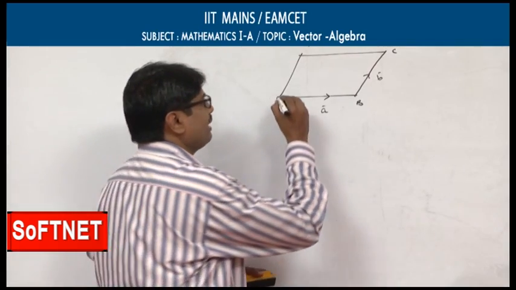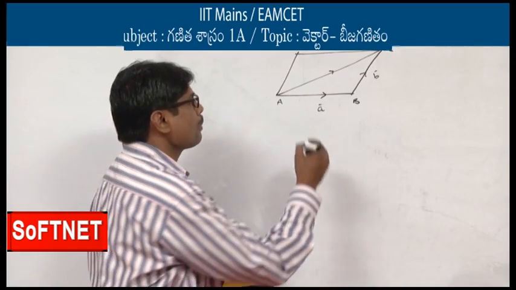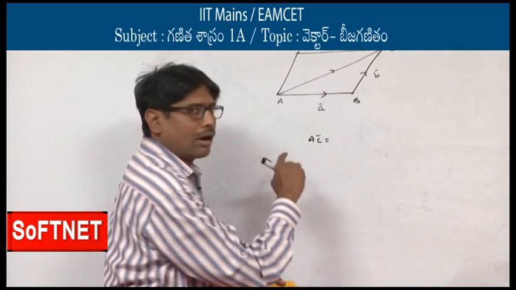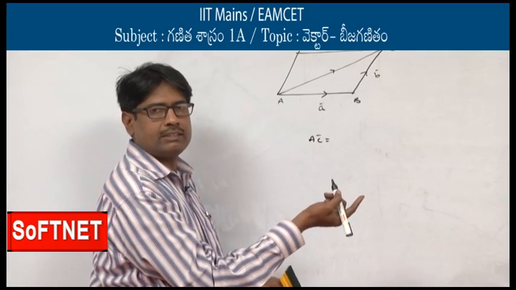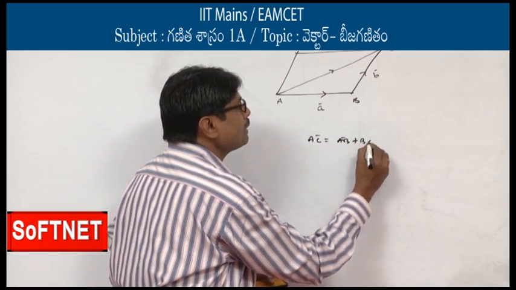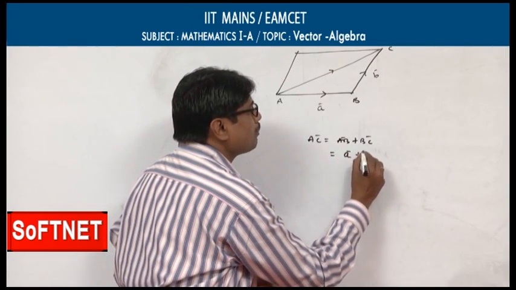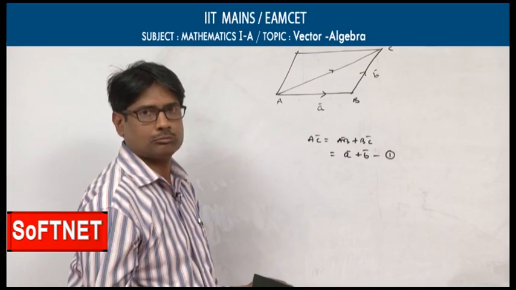Now take the diagonal AC bar. According to the triangular law of addition, AC bar is equal to AB bar plus BC bar, and that is nothing but A bar plus B bar. Call it the first equation.